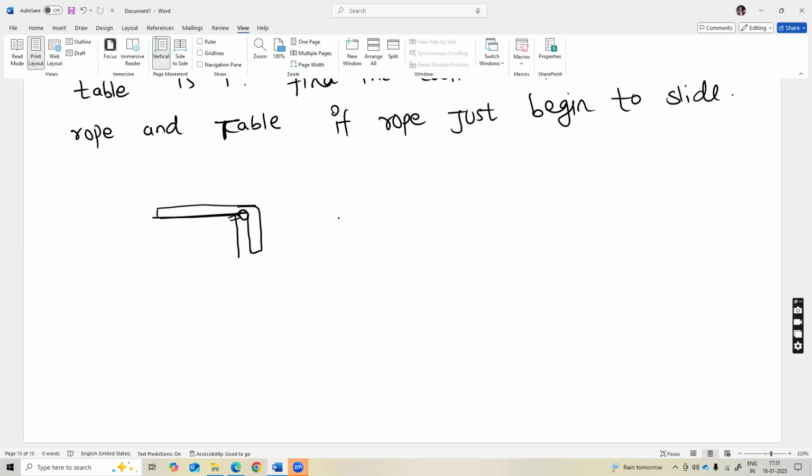This length which is lying on the table is, let's say, P, whereas the length which is hanging is given as L. So find out the coefficient of friction mu for which the rope will just start sliding.